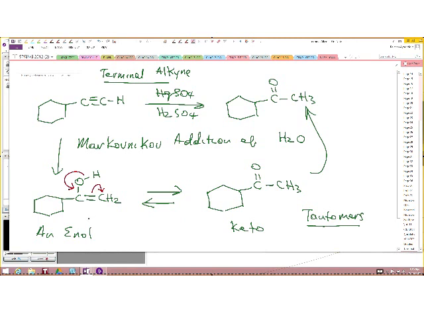But because they will convert to each other at room temperature by simply moving the hydrogen around, you see what we've done here, we simply move the hydrogen from oxygen to this carbon. So we refer to this, let us call this molecule A and molecule B. A and B we refer to as tautomers of each other. And this is the keto form, and this is the enol form.